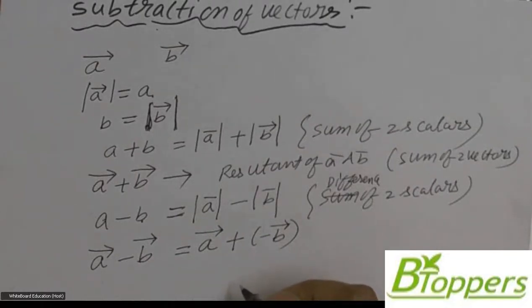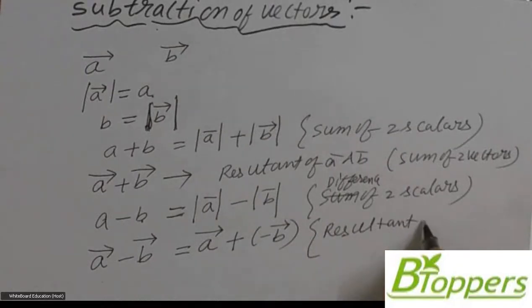So in general, if A bar and B bar are two vectors, then the vector difference A bar minus B bar is defined as the vector sum or resultant of vectors A bar and minus B bar.